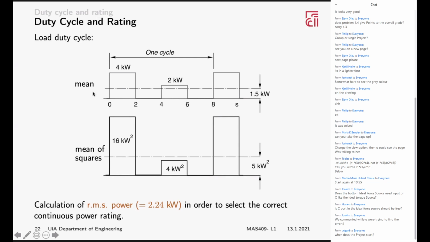We are not going to consider the mean of the power to size the motor, but instead we need to find the RMS power, which is the mean of the squares. So we square this duty cycle, which gives 16, 0, 4, 0, take the mean of it, which is 5, and take the square root of 5, which is 2.24. So the continuous power rating in this case will be 2.24 kilowatts, and not 1.5 kilowatts if we had taken the mean of the power.